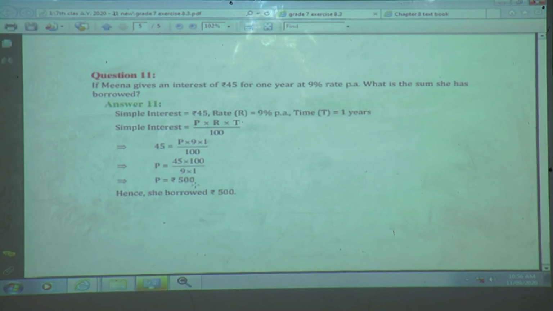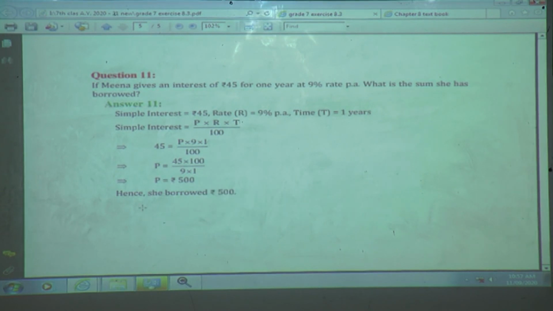Rupees 500. What is rupees 500? It is nothing but the principal amount which was borrowed from the bank, rupees 500, interest was rupees 45, the rate of interest was 9% for 1 year, that is per year, that is PA, per annum. So the amount borrowed from the bank was rupees 500.